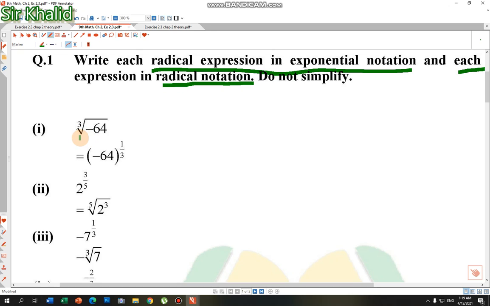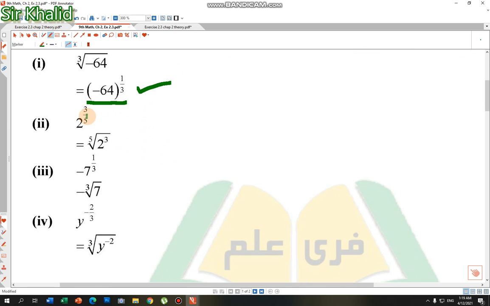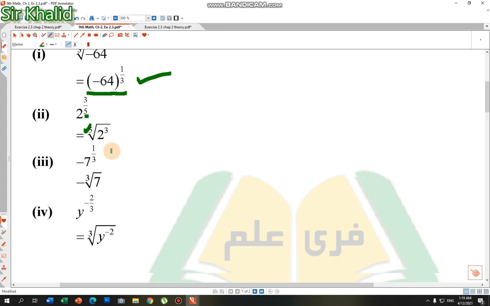When I transform this radical expression into exponential form, it is minus 64 to the power 1 over 3; the index moves into the exponent. Similarly, 2^(3/5) will be written as the fifth root of 2 cubed, where the n in 1 over n goes to the radical form.